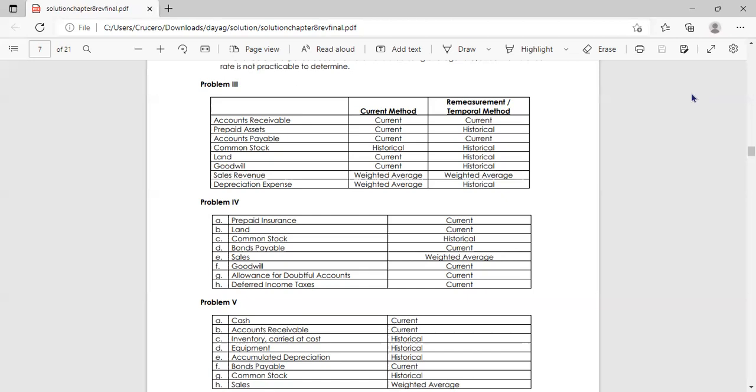It's non-monetary, and using method 2 should be translated by using the historical rate, and the common stock at the historical rate, while sales should be presented by using the average.